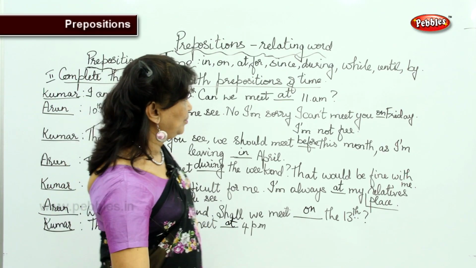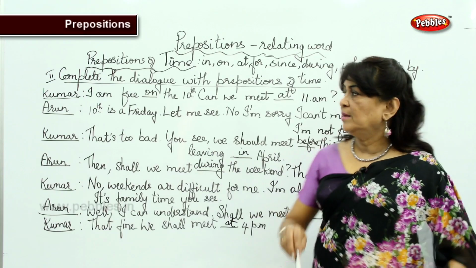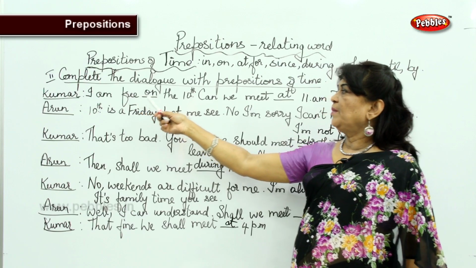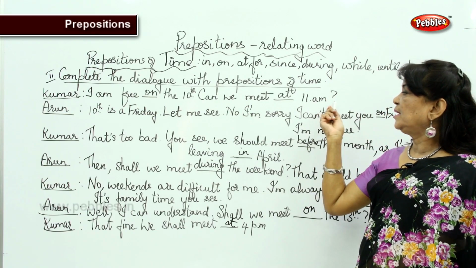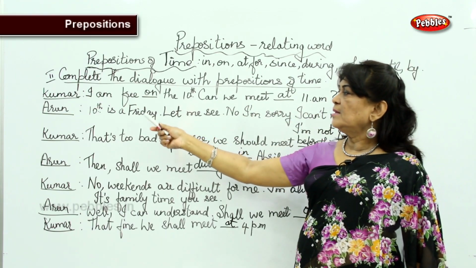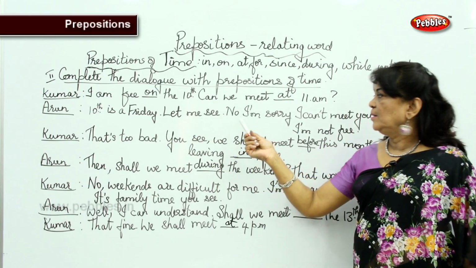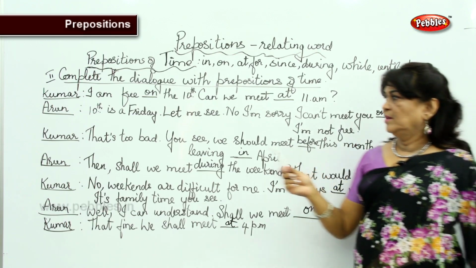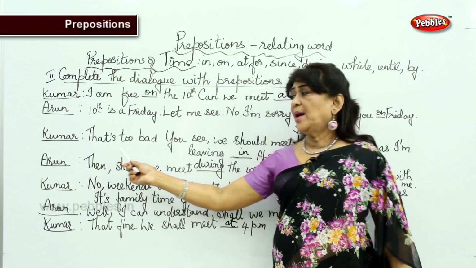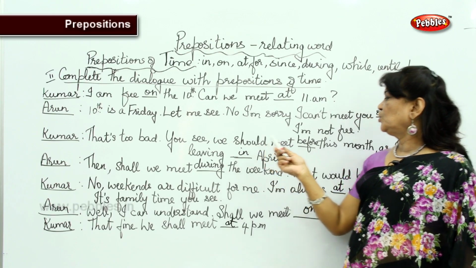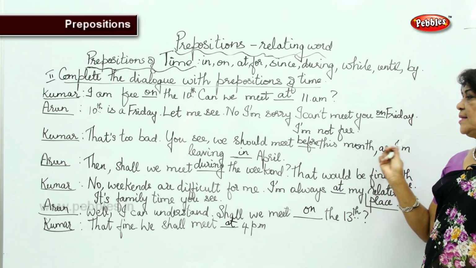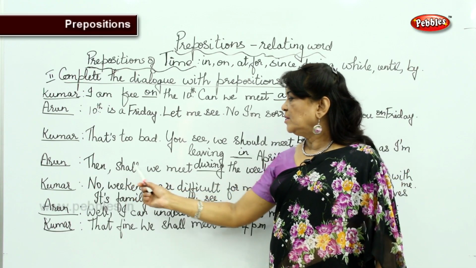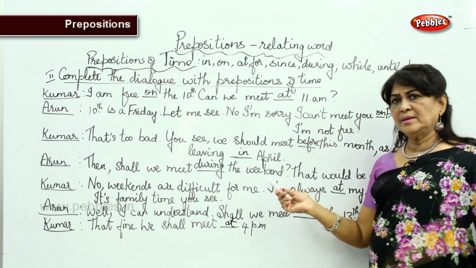Now we have got so many prepositions filled in here. Kumar says, I am free on the 10th. Can we meet at 11 a.m.? Arun: 10th is a Friday. Let me see. No, I am sorry. I can't meet you on Friday. I am not free. Kumar: That's too bad. You see, we should meet before this month as I am leaving in April. Arun: Then shall we meet during the weekend?